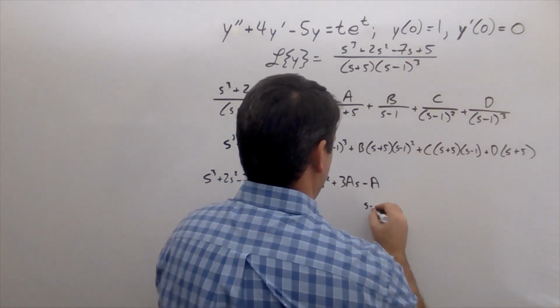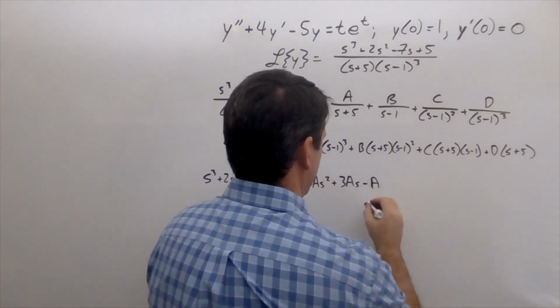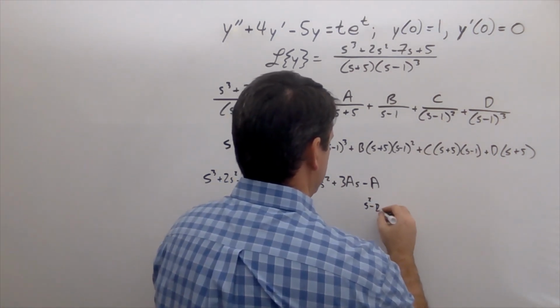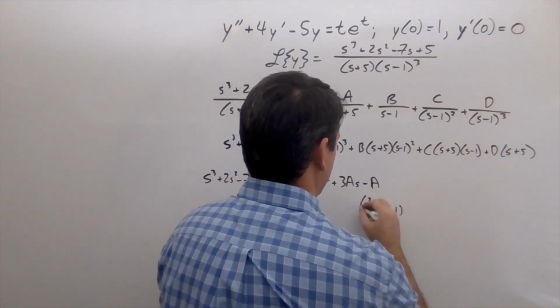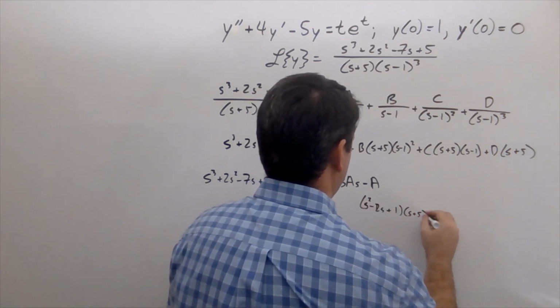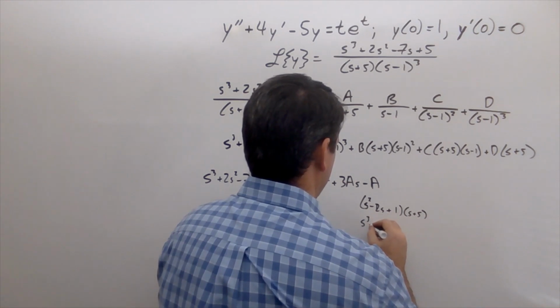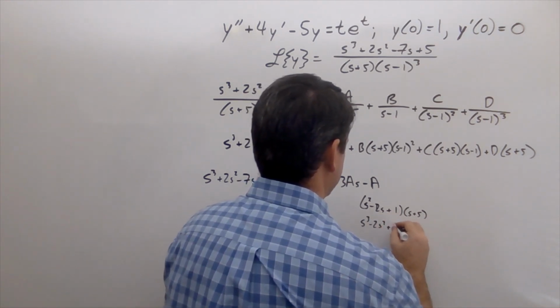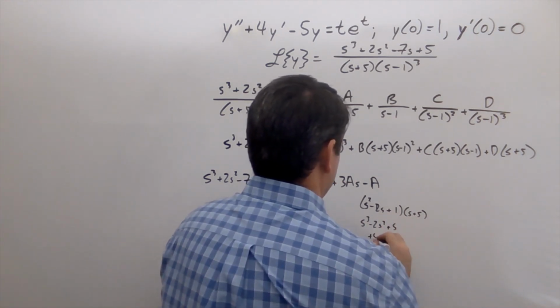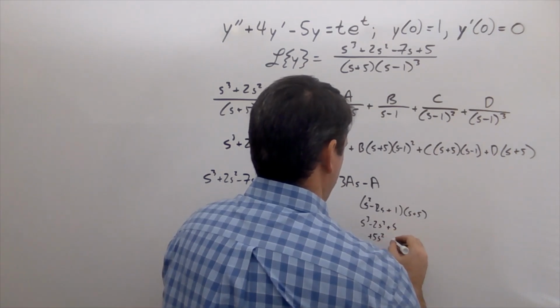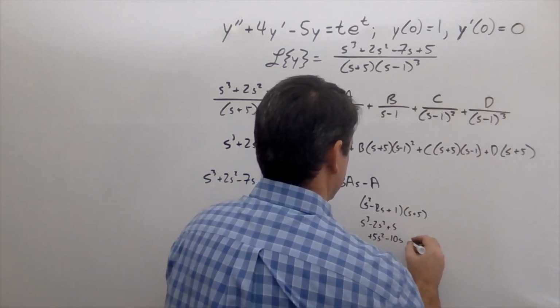So this is going to be (s squared minus 2s plus 1) times (s plus 5), which is s cubed minus 2s squared plus s plus 5s squared minus 10s plus 5.